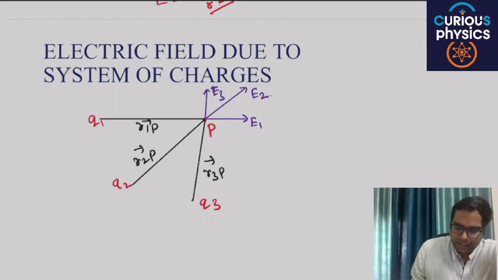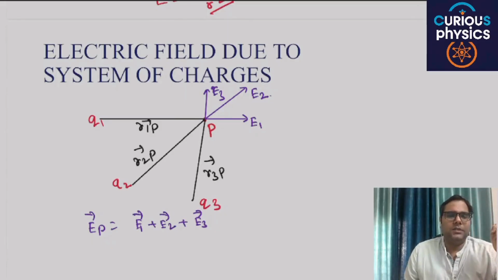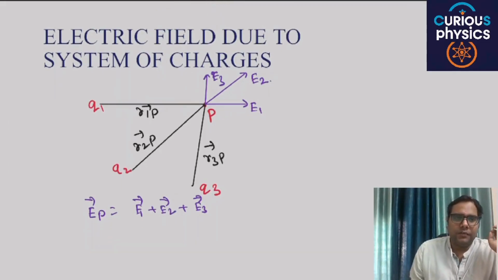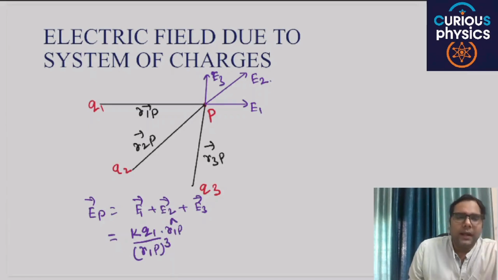So here the net electric field at point P is E1 plus E2 plus E3. This is basically the net electric field. You have to just apply the formula. E1 will be kQ1 by r1P whole cube into the vector r1P, the unit vector to show the direction.